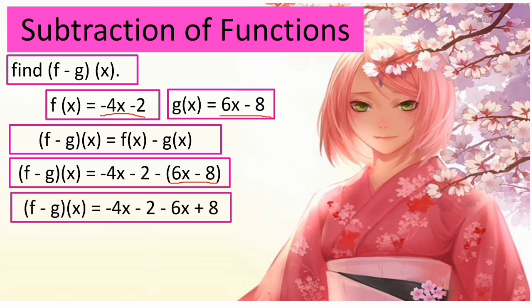Kasi nga, ang magiging sagot dyan is negative 4x minus 2 minus 6x plus 8. Kung makikita nyo, bakit yung negative 8 natin, bigla na lang positive 8? So, anong nangyari? Parang yung ginagawa natin kanina sa addition of function, we use the distributive property over addition or subtraction.